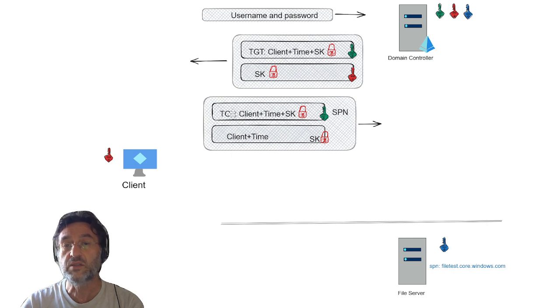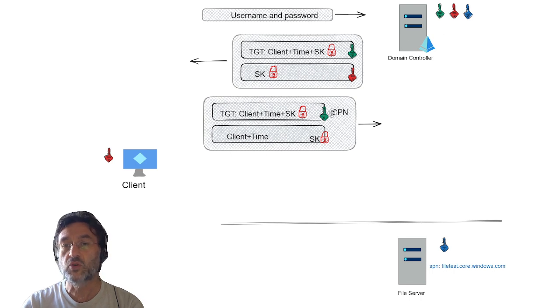Along with that, he sends the TGT he got from the previous authentication, so the entire TGT is attached in the message. He cannot read it, but he sends the TGT and the SPN. Also, the client sends another message with the client information and the time, and this one is encrypted with the session key the domain controller sent during the previous authentication.